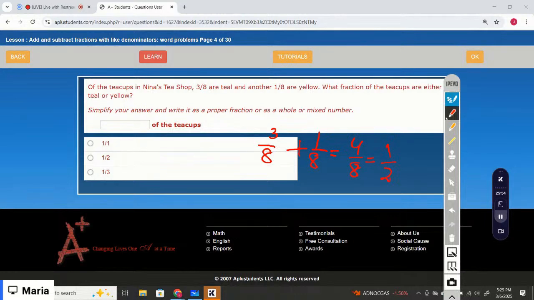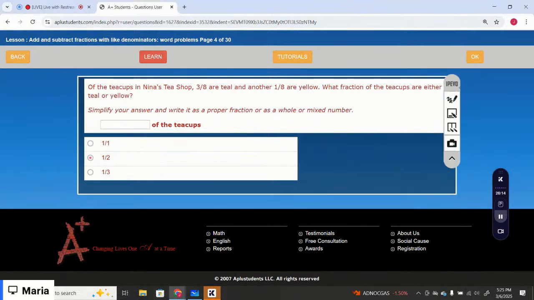That equals 1 over 2. Option number 2 is the correct option. That is 1 over 2.